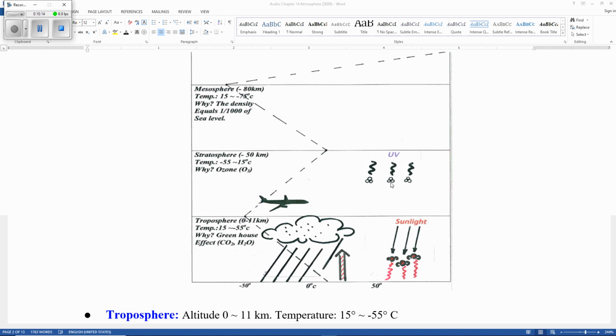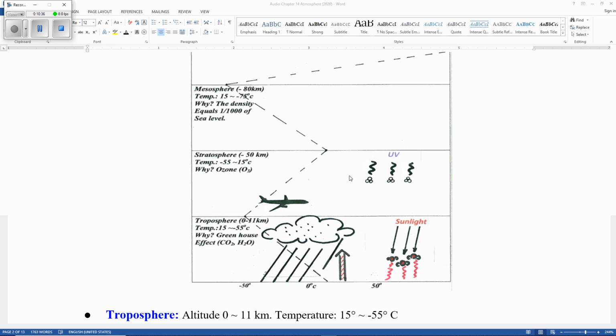So why does the temperature increase again? Because of another special molecule we call ozone. The oxygen molecule is mostly O2, two atoms combined, and ozone is three atoms combined. So that's O3.